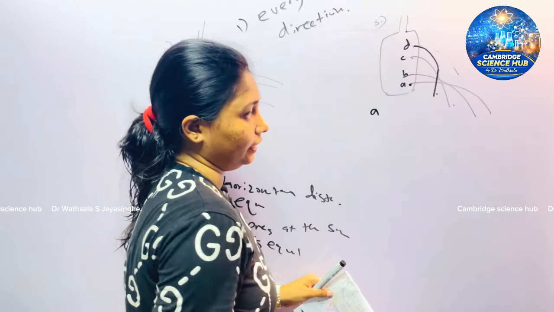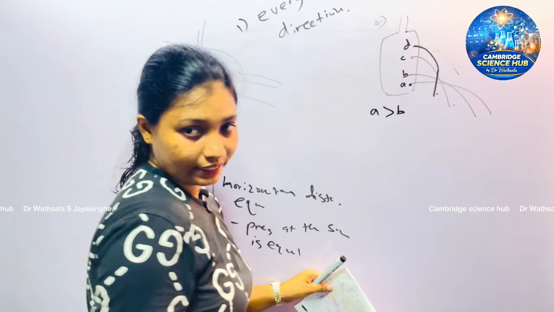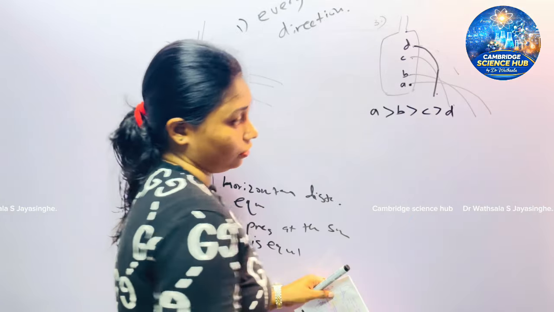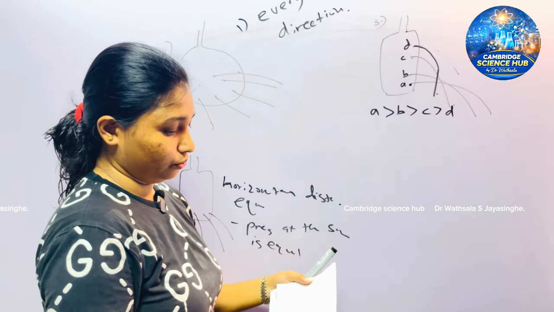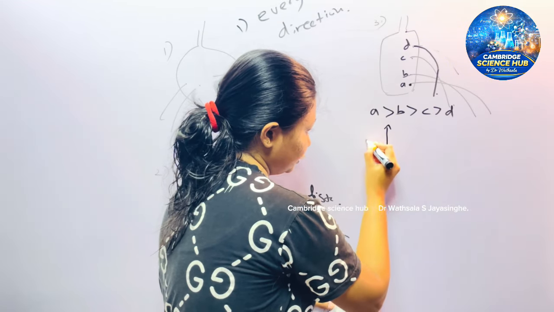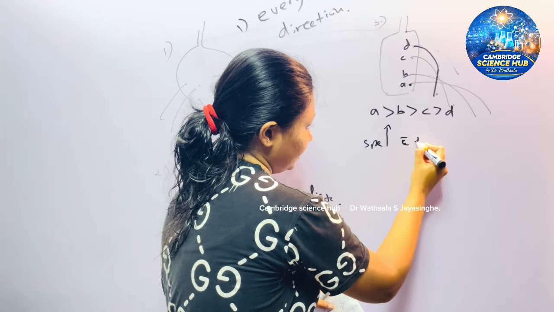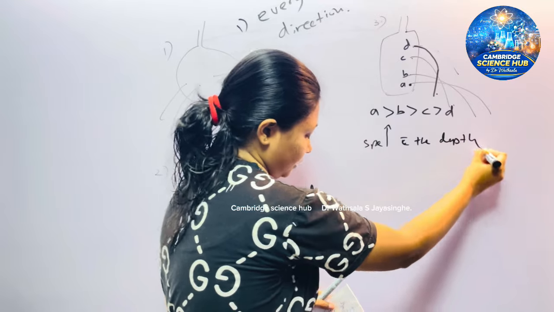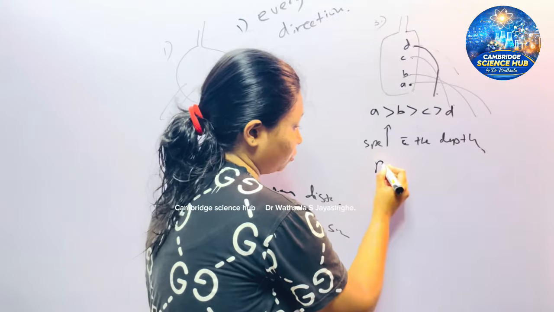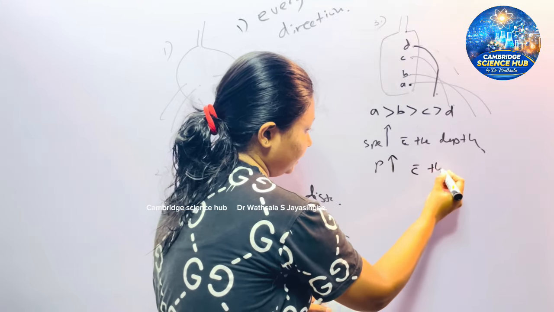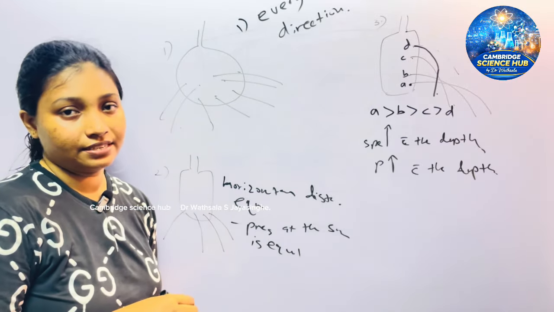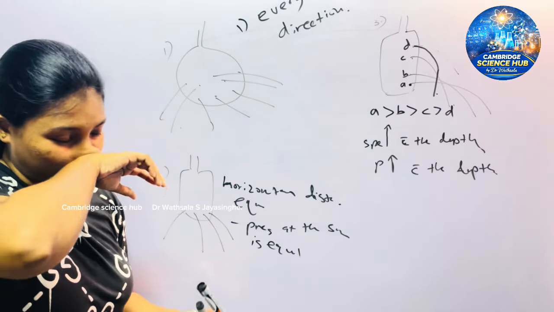A has the highest speed, B is lower than A, C is lower than B, and D has the lowest speed. So from that you can get an idea that the speed increases with the depth, and pressure also increases with the depth. So these three characteristics are proved with these three practicals.